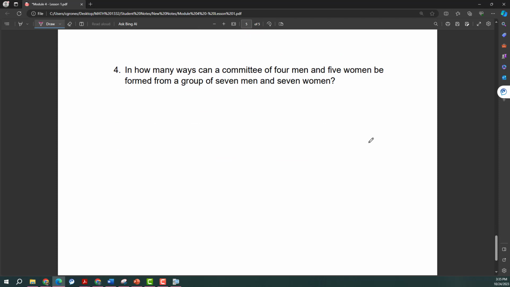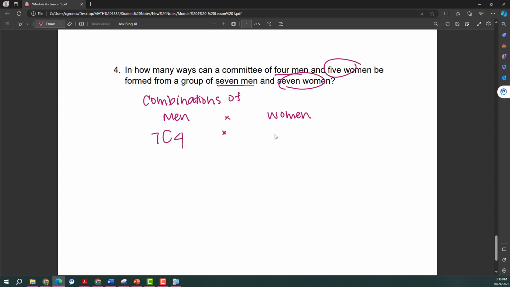All right, the last one, it says, how many ways can a committee of 4 men and 5 women be formed from a group of 7 men and 7 women? So we have our combinations of men and then women. So we're going to find both of these and then we'll multiply them together. So it says the men, we have 4 men. We want to choose 4 men from a group of 7. So it would be 7C4. And we would multiply that with the women, which we have 7 women and we're choosing 5.